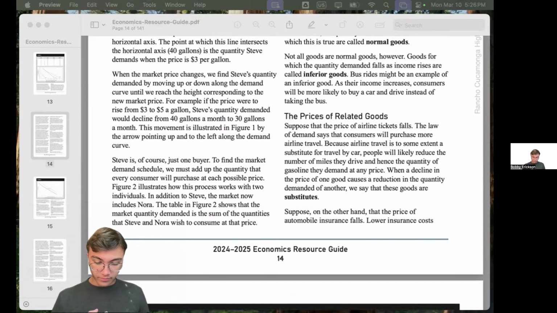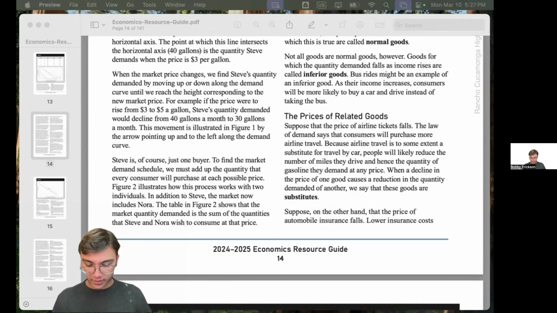People are also willing to substitute their travel by car for travel in the air. And thus, they'll reduce the number of miles they drive, and so they'll demand less gasoline.